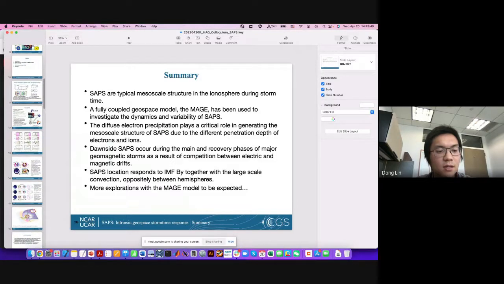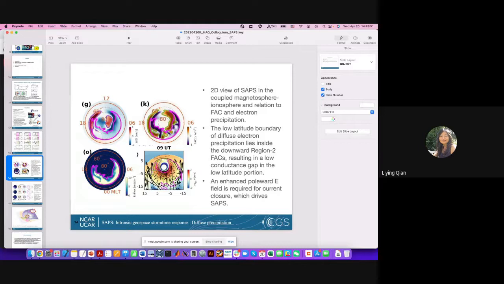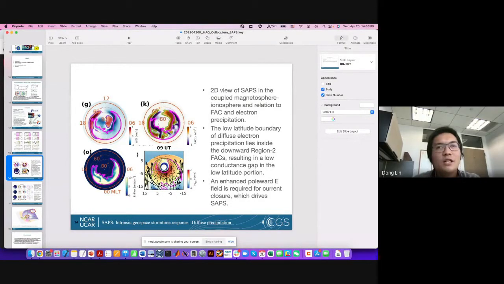Okay. So does this mean that the SAPS can be seen during non-storm time? Well, actually, there have been reports about so-called quiet-time middle latitude convection, so I cannot say it absolutely does not exist.